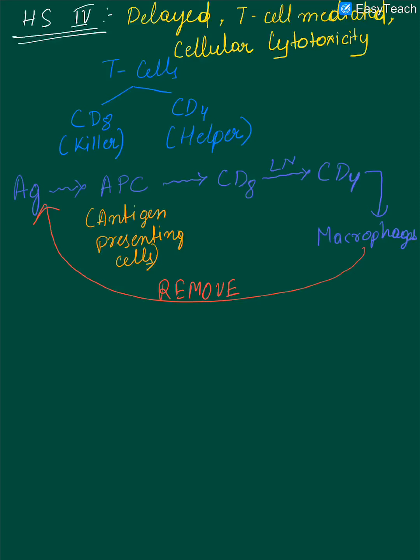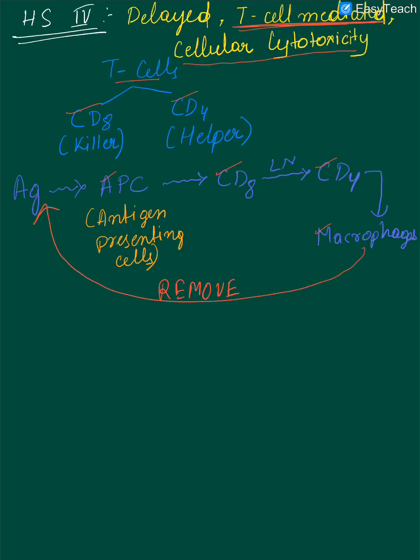But here we notice something, that all of these are cells: the antigen presenting cells, the CD8 cells, the CD4 cells, the macrophage cells. That's why it got the name T cell mediated, as both the T cells, the CD8 and CD4, are responsible. Now it got another name, that is the cellular cytotoxicity. Cellular is the cell, cytotoxicity is the damaging.